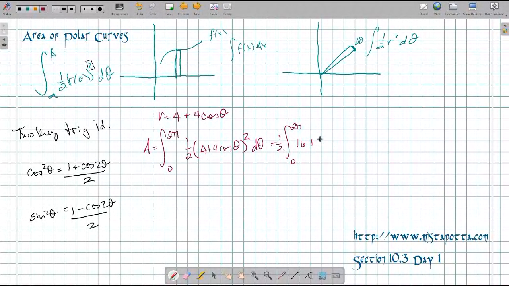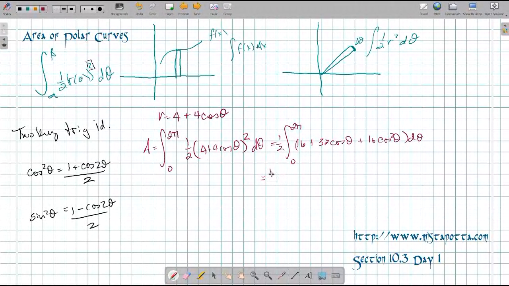16 plus 32 cosine theta plus 16 cosine squared theta d theta. And now for this integral, I can distribute the 1/2, but I actually want to take care of this cosine squared first.